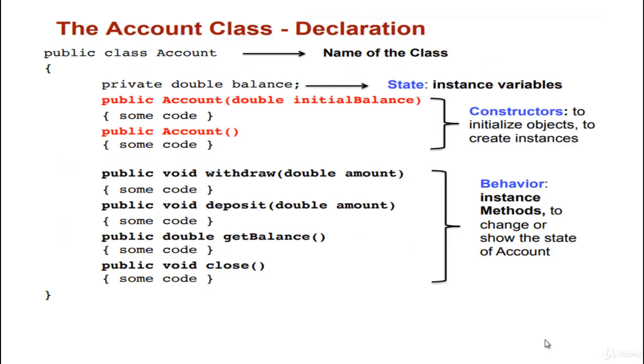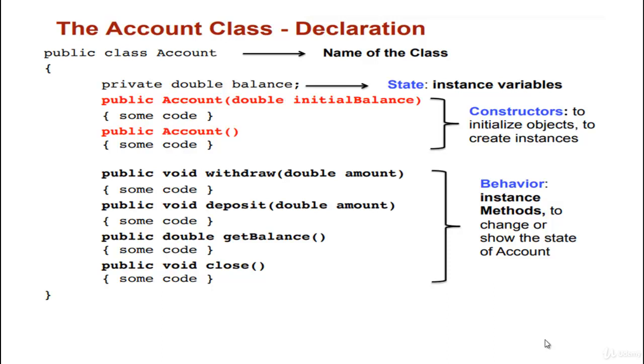So let's examine the account class. The declaration of the class, public class Account, the name of the class is Account, and we have the state, instance variables, private double balance. Next we have constructors. To initialize objects, to create instances, we have constructors.